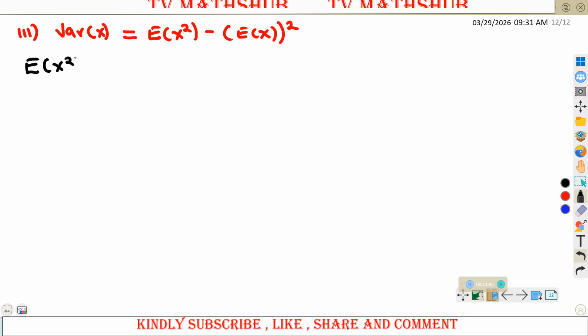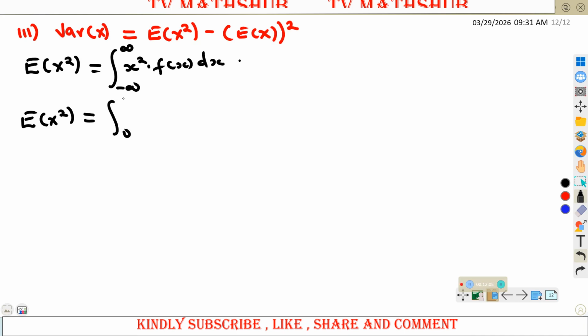Expectation of x squared, by definition, is the integral from negative infinity to infinity of x squared times f of x dx. As we did for expectation of x, we begin with our limits from 0 to 1.